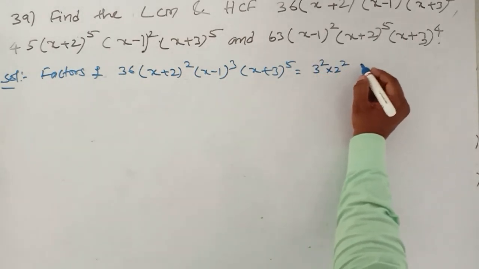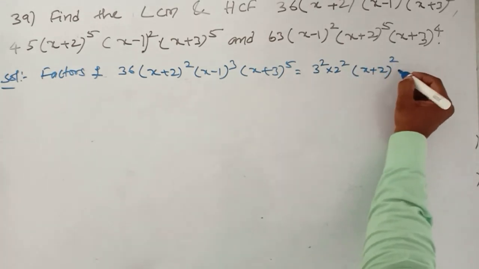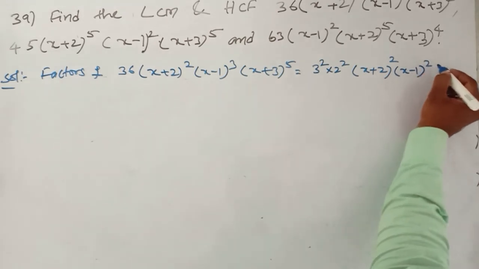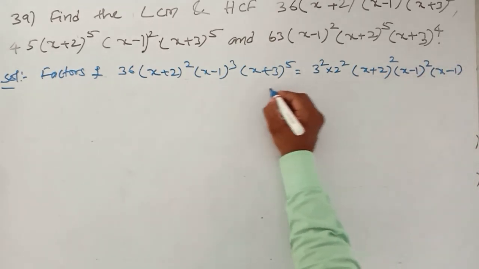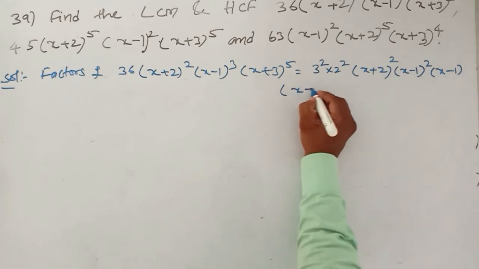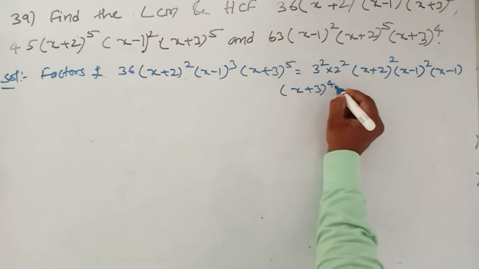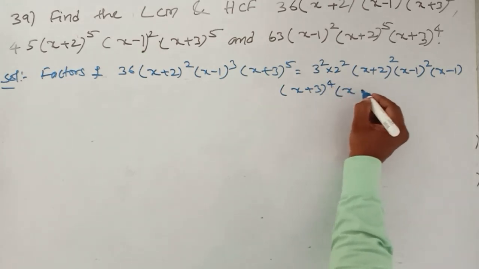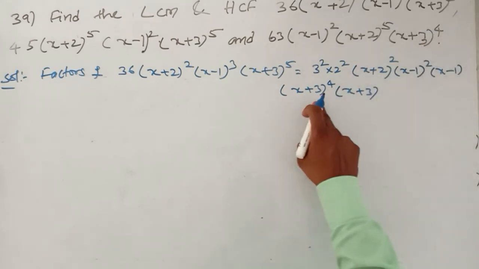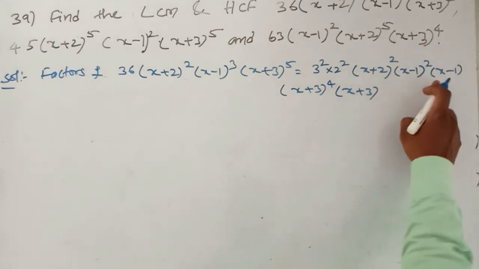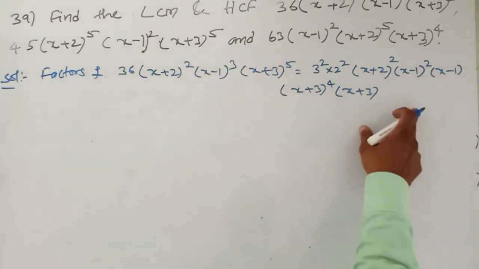The remaining will be as it is, (x+2)^2 into (x-1)^2 into (x-1), into the remaining (x+3)^4 into (x+3), because the highest power of x+3 is 4 in the other expression, so I am changing it into 4 into 3, and x-1 highest power is square in the second expression, so as it is I am expanding.